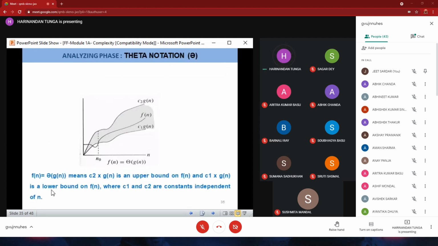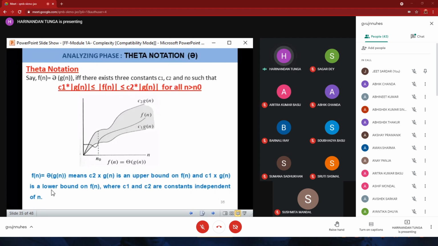Now the theta notation. The theta notation definition is very simple. The first two definitions, big O and big omega, have their conditions combined to form the theta notation. What did we read in big O notation?